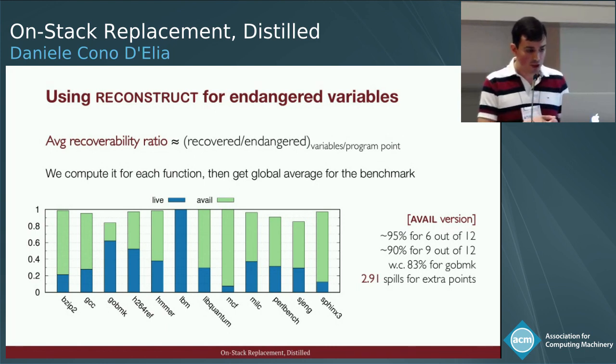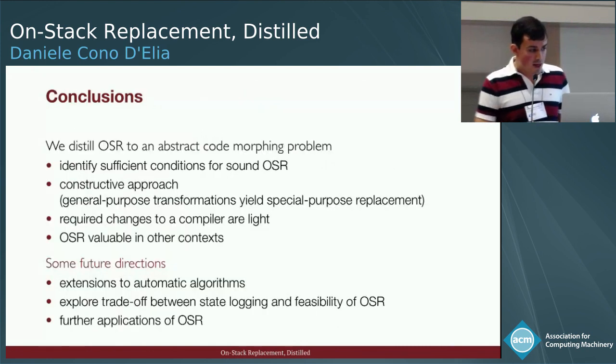With the avail version of Reconstruct, for half of the benchmarks we are able to reconstruct 95% of endangered variables. For 9 out of our 12 benchmarks, we get 90%. And in the worst case, we only get 83% of reconstructed variables. And the number of spills that you have to make is rather low.